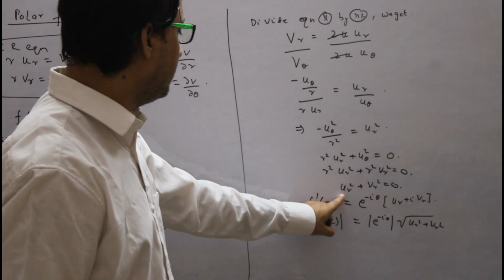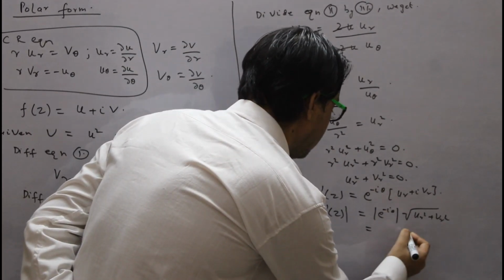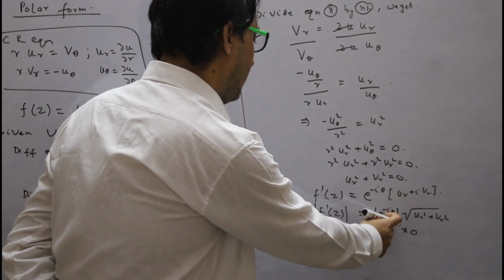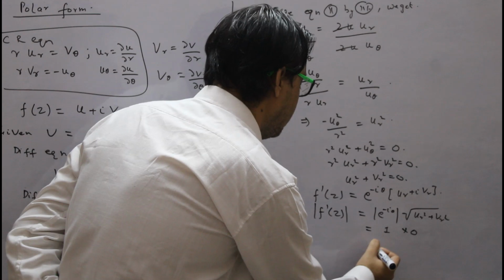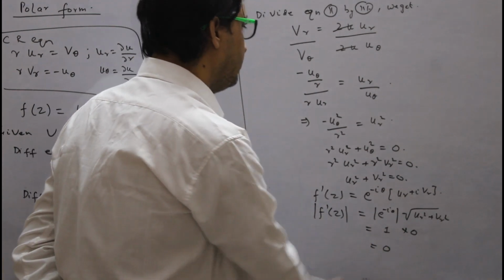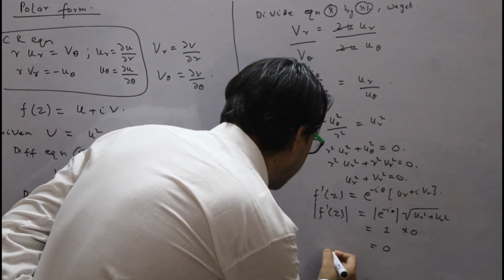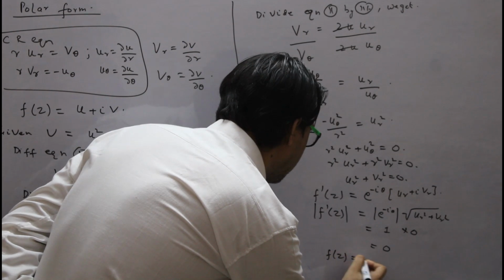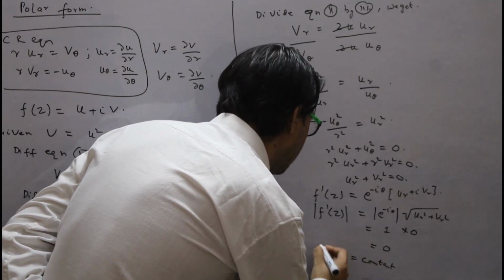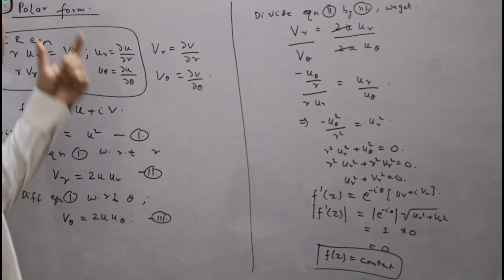We have already found u_r square plus v_r square, which is equal to 0, and modulus of e to the power minus i theta is 1. So we get modulus of f dash z is equal to 0. That means if we integrate this, f(z) is equal to a constant. So we have proved our claim, and I have used polar form.